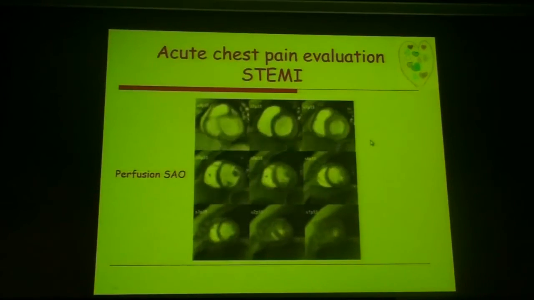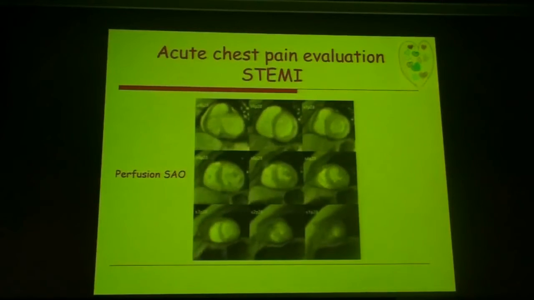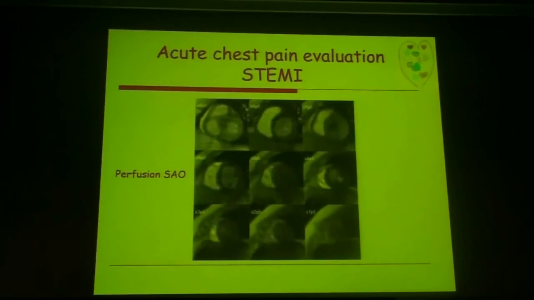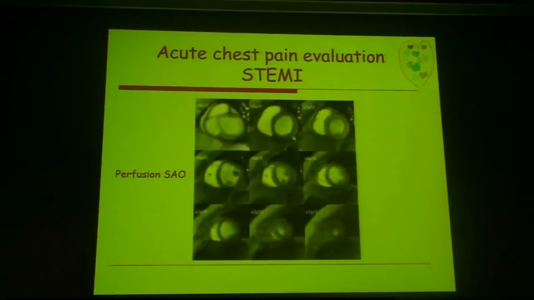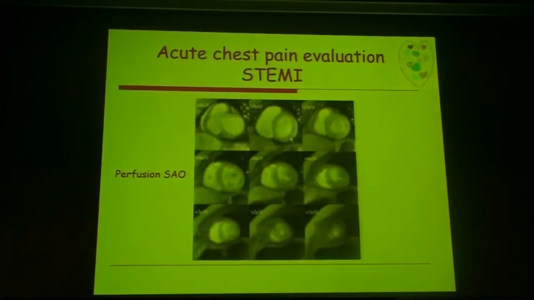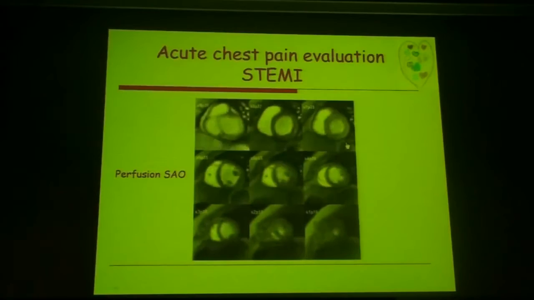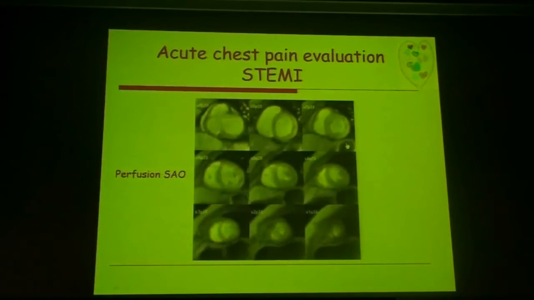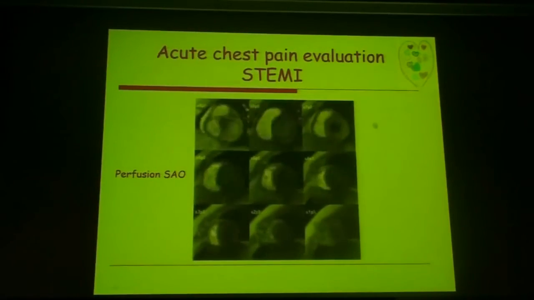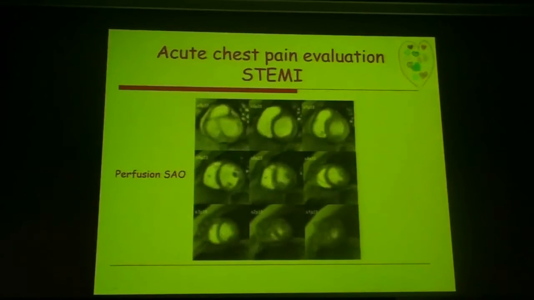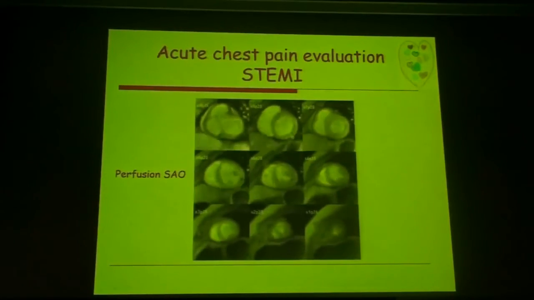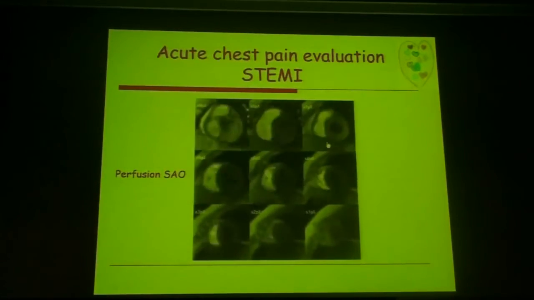Even though it's jumping around, we're trying to look for perfusion defects. And let's look very, very closely. We can see that there is a subendocardial perfusion defect in the lateral wall in an area that matches the area of edema that we previously saw. So we do have a perfusion defect, which also continues here. You see, it keeps on, it's still dark while the rest of the myocardium enhances.